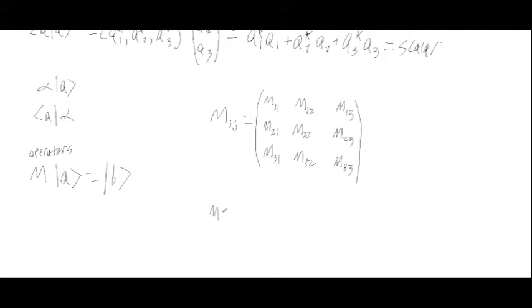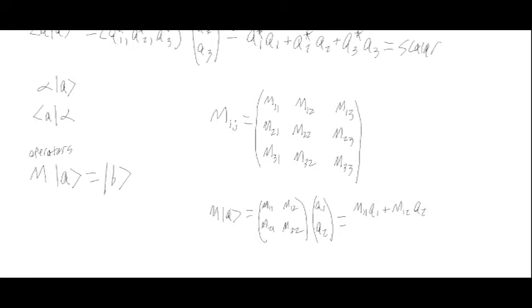If we have M times A, we could say that that is M11, M12, M21, M22, multiplied by our vector A1 and A2, and this will give us M11 A1 plus M12 A2.